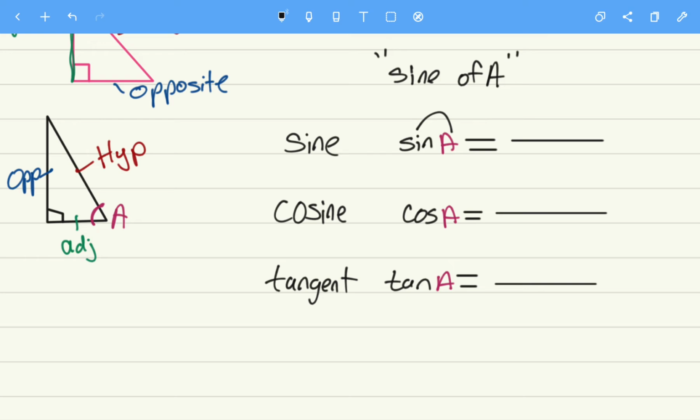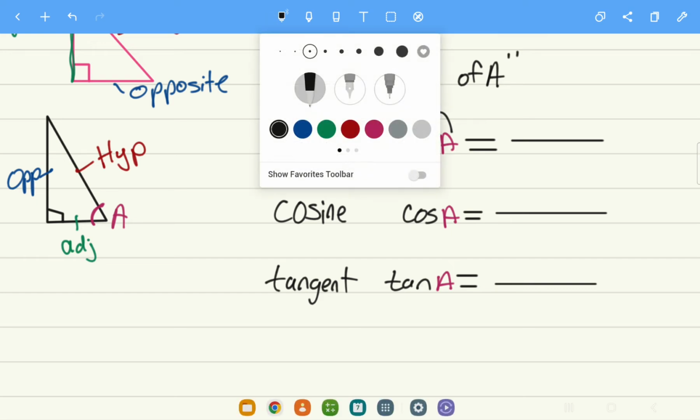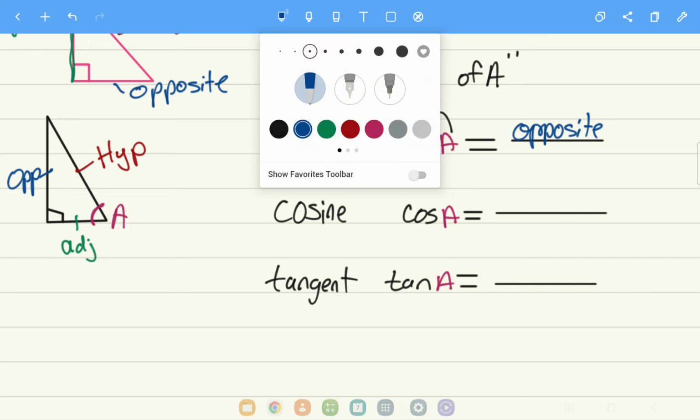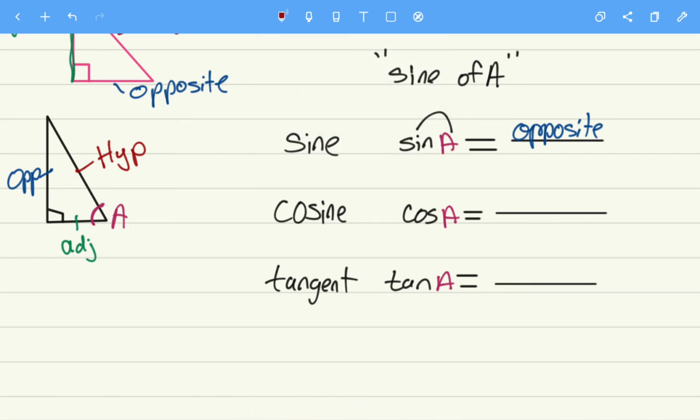And the function sine of A is going to equal the ratio of our opposite side over our hypotenuse. And these are referring to the lengths. So sine of A is equal to the length of the opposite divided by the length of the hypotenuse.